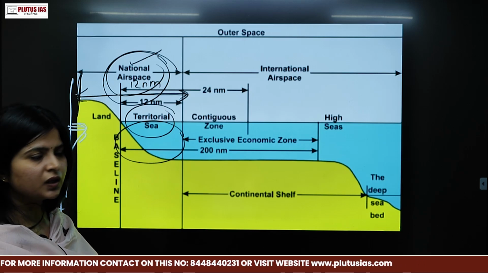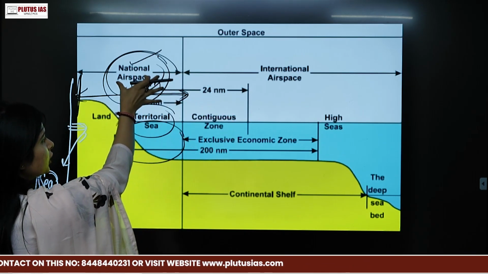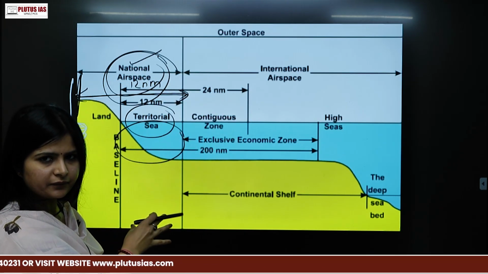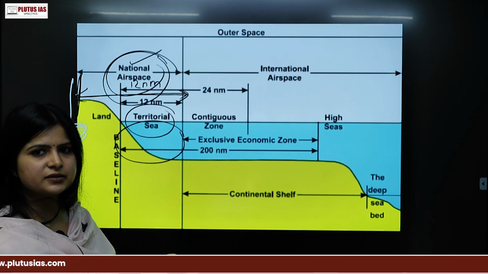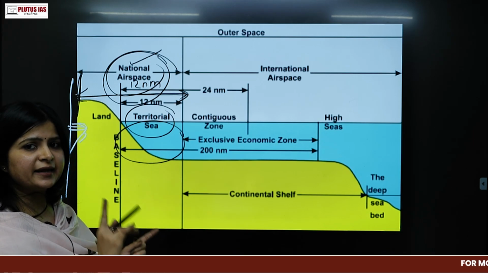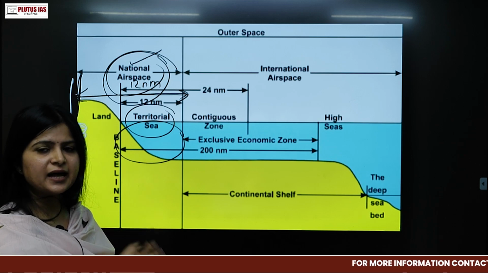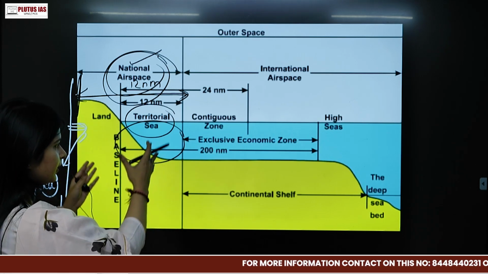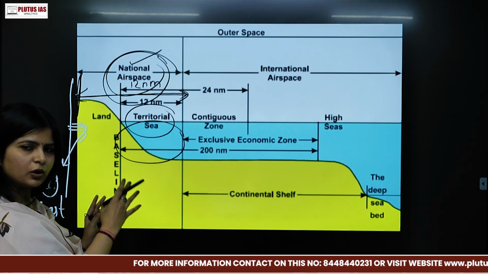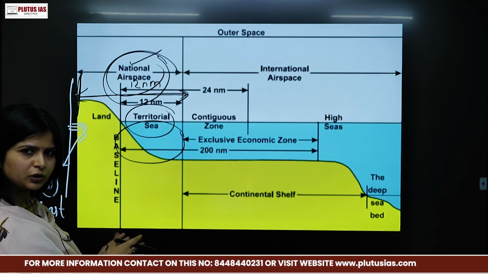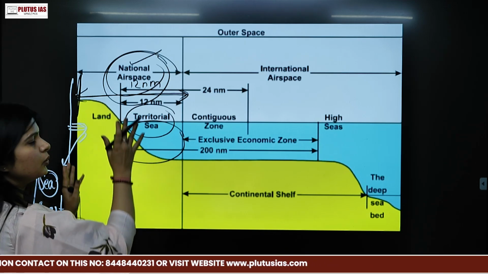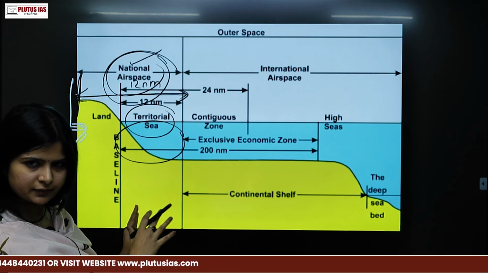Please understand, international airspace is not allowed in the territorial sea. National airspace is allowed, right? So the sovereignty lies on the surface of the ocean, under the ocean, and also over the sea.